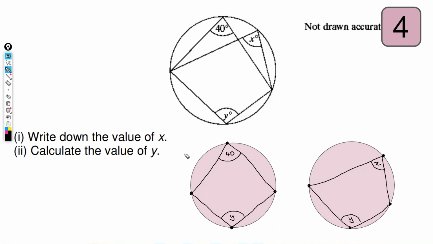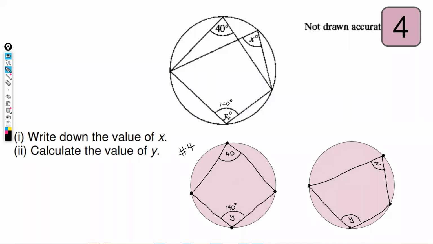We now said, according to rule number 4, the opposite angles, right? The opposite angles add up to how much? 180 degrees. So if here is 40, then over here has to be 140. So we know here is 140 degrees.